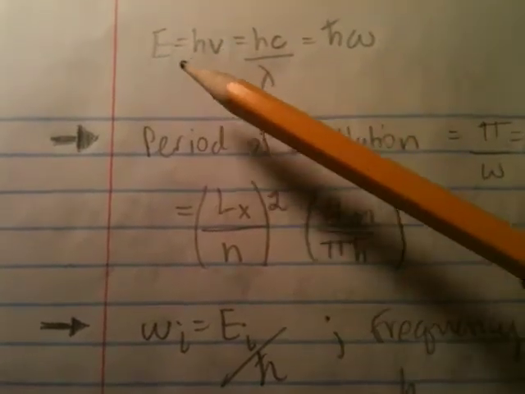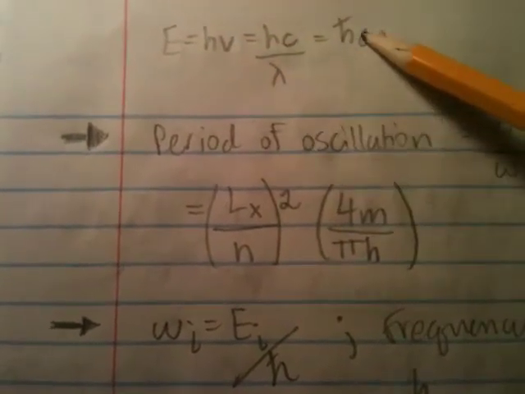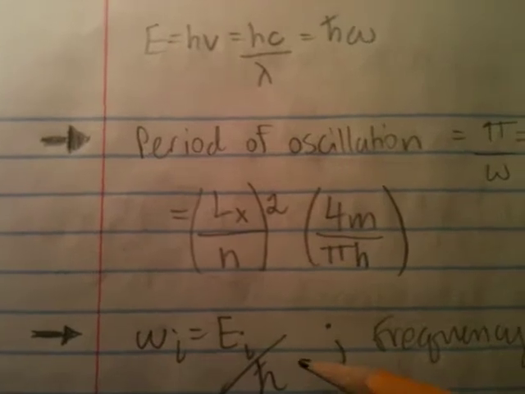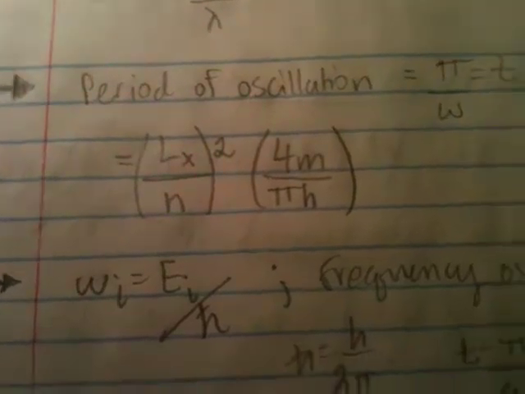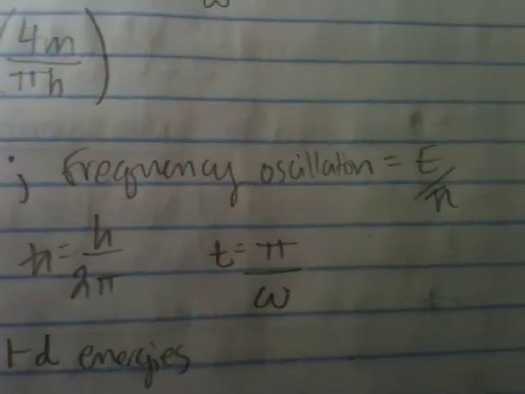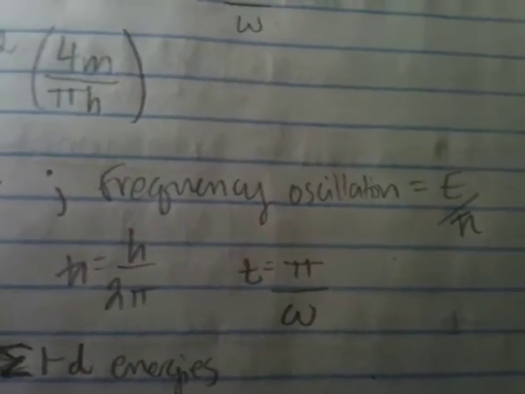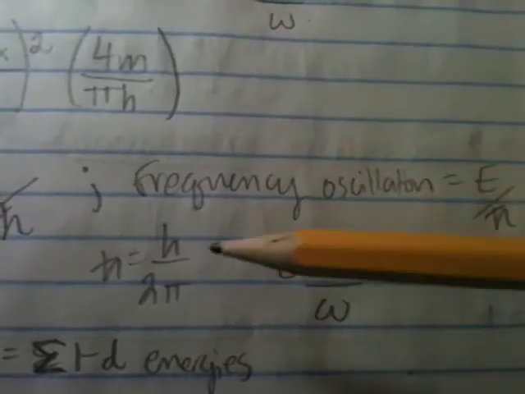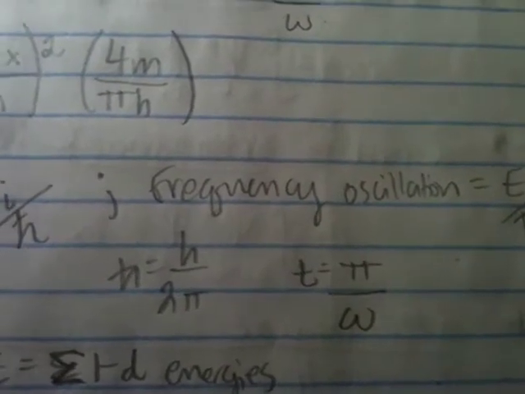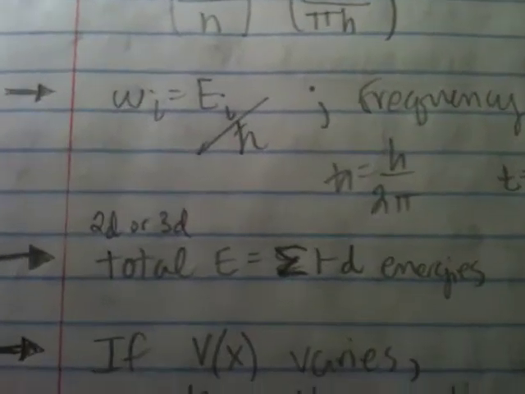So you can rewrite these to be like this, and then bring h bar down. Therefore, the frequency of oscillation is equal to this, just restating that. H bar is equal to h over 2 pi, that's a useful conversion.